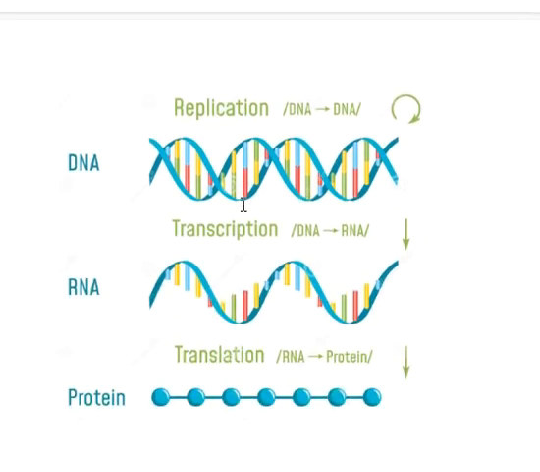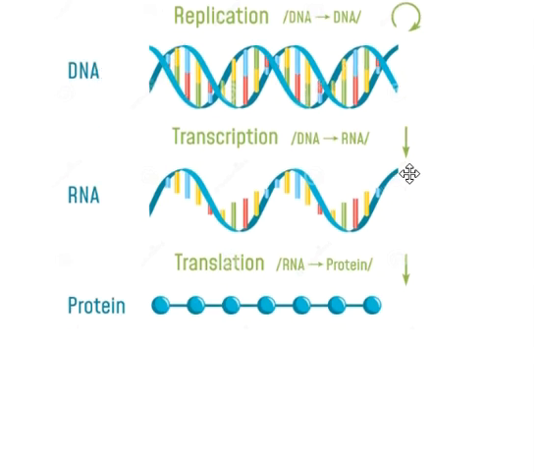The first function, in order to divide and make more cells, is that we have to undergo replication first, making two identical DNA. And in order to make proteins, we have to make RNA first, which is the matrix for synthesizing proteins.